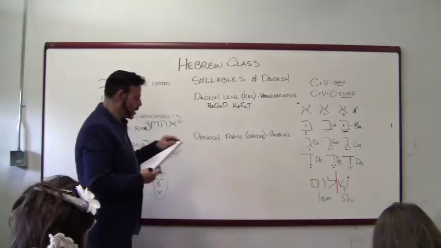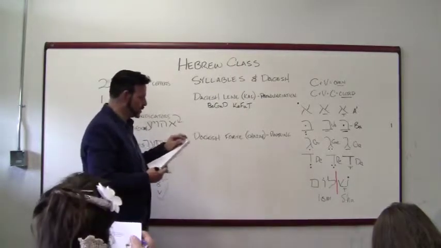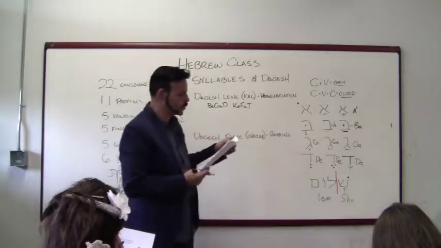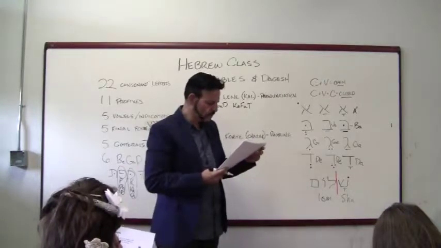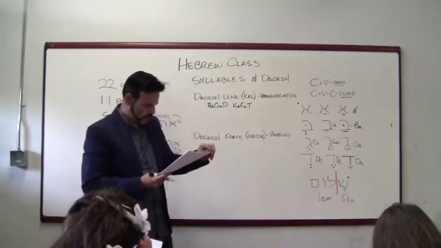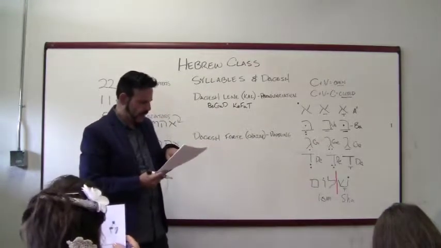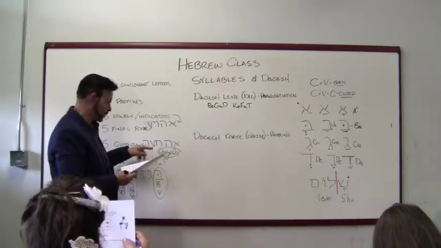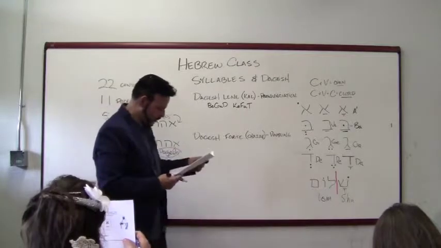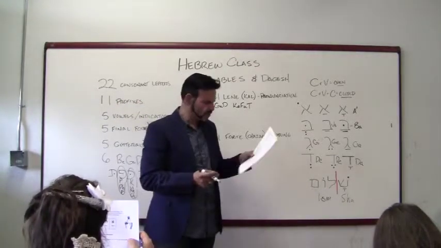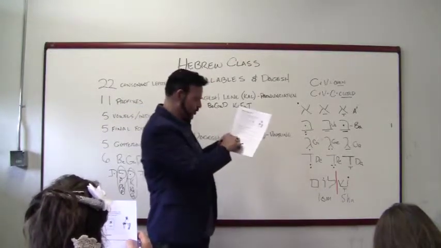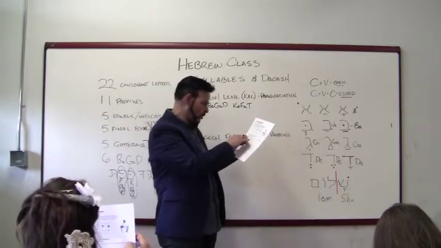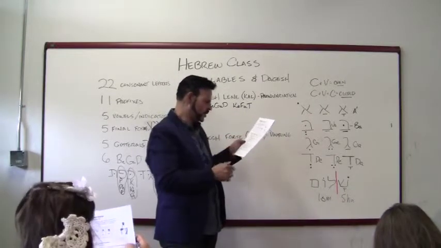Because of the movement of the tongue and throat necessary to pronounce these letters, the normal flow of speech is interrupted whenever these gutturals are spoken. So notice the letters there. The Aleph, the He, the Chet, the Ayin, and the Resh. We have them right here. These letters will never take a Dagesh. So jump down to the grammatical rules. We're just going to look at the sixth one down.